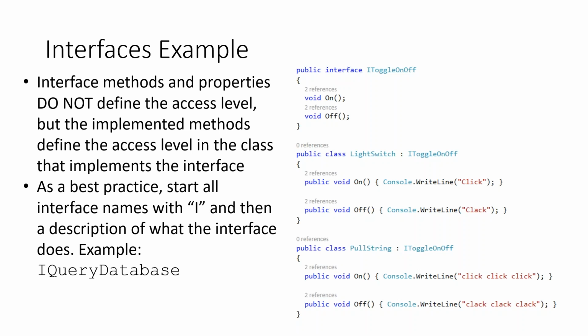Okay, we say public is the access modifier we use. We have the interface keyword. We give it a name, open and closing curly brace. And then we've got some methods. Okay, we've got no access modifier. So this is important. Interfaces do not define the access modifier. When we implement an interface on a class, that's when we say this is a public or this is a private method.